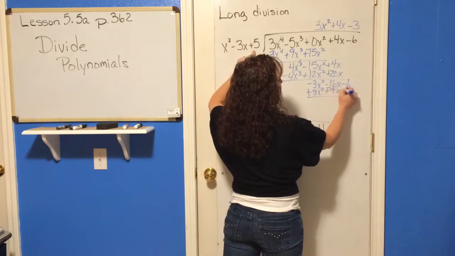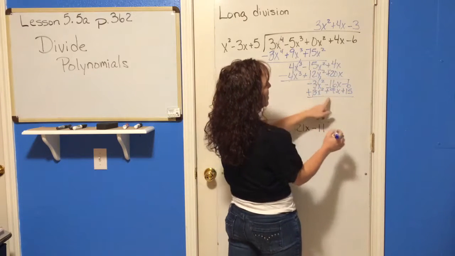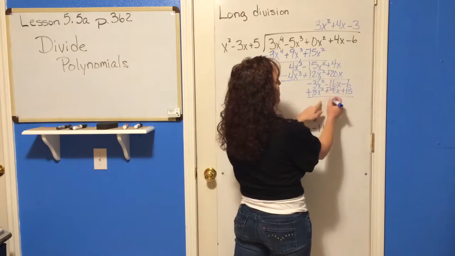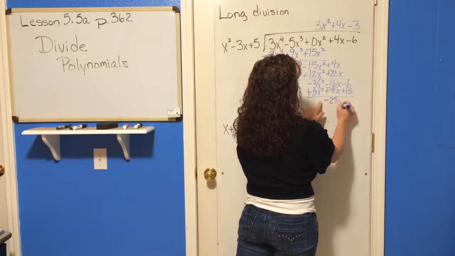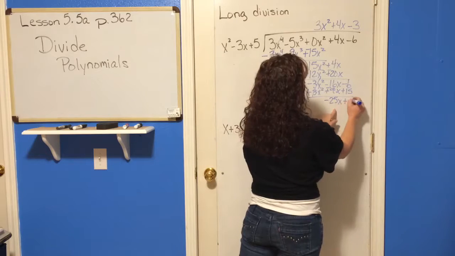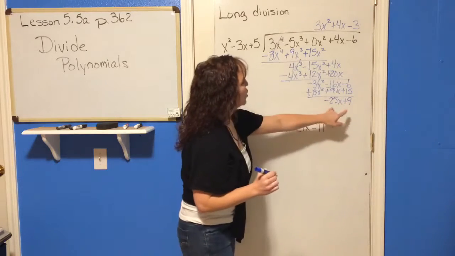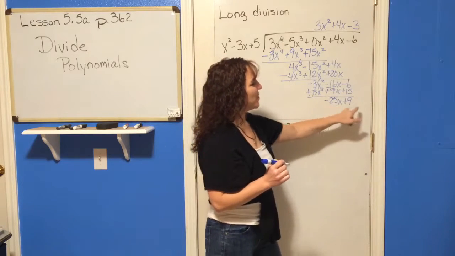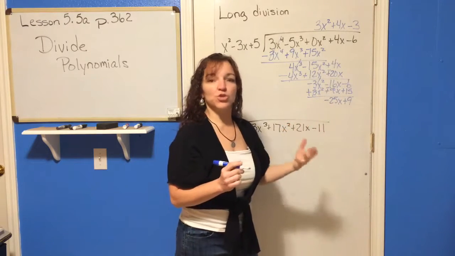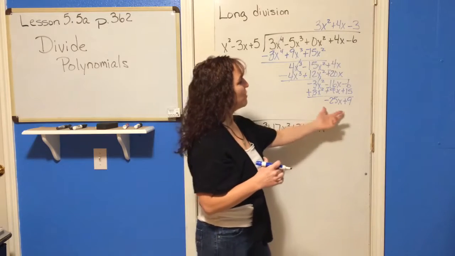So change your signs. This one drops out. A negative and a negative, you add them. So you have negative 25x plus 9. Now, because you can't take something times an x squared and get an x, this becomes your remainder. Just like with regular division, you're going to change that remainder into a fraction.